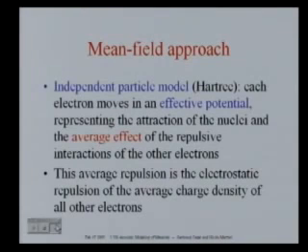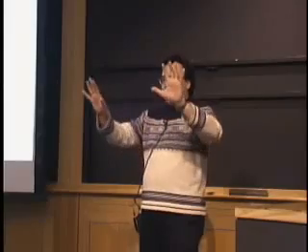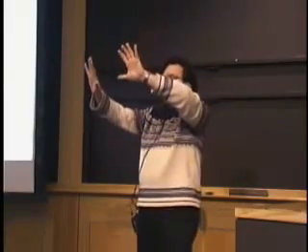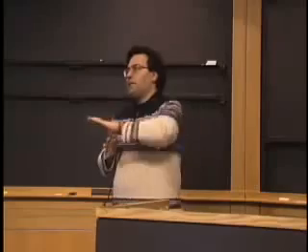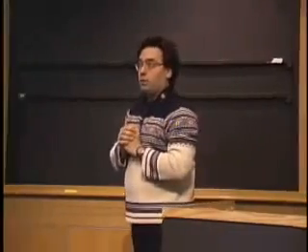And the general idea is that we can approximate and try to solve this problem by not considering what each electron instantly does, but we can solve the problem by treating what one electron would do in a field that on average represents what all the other electrons would be doing.